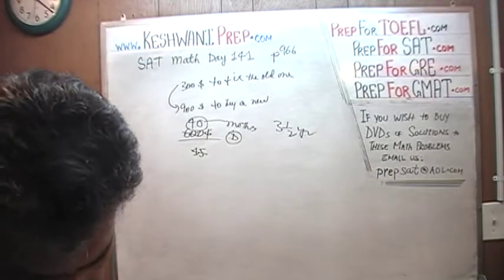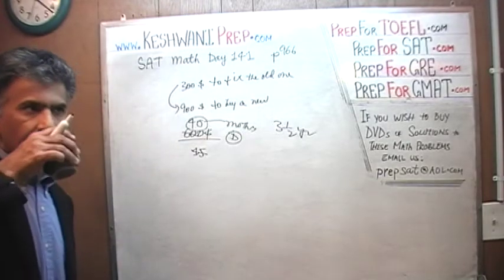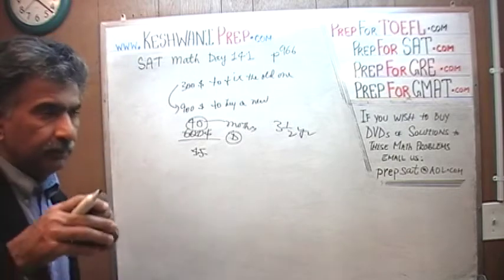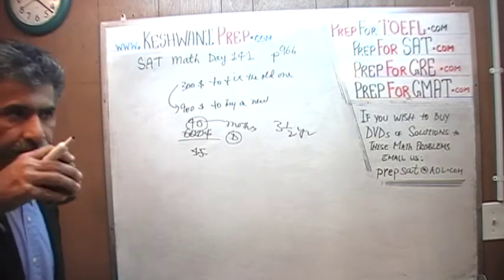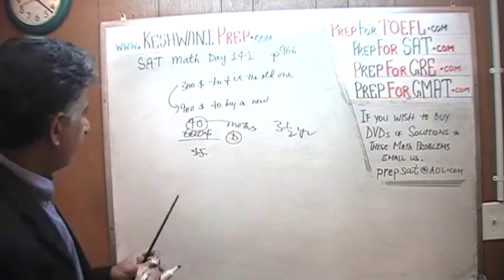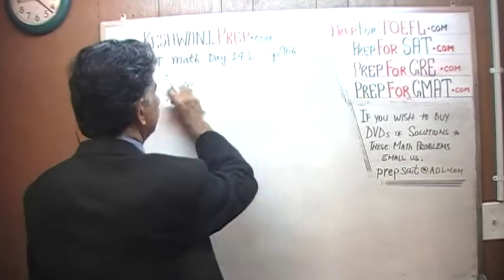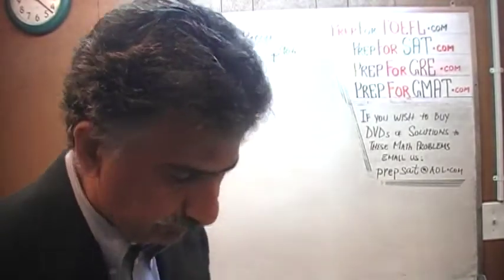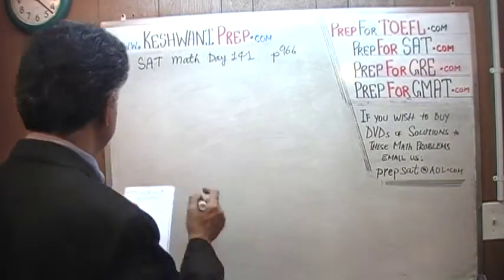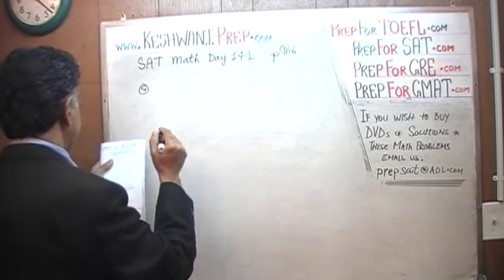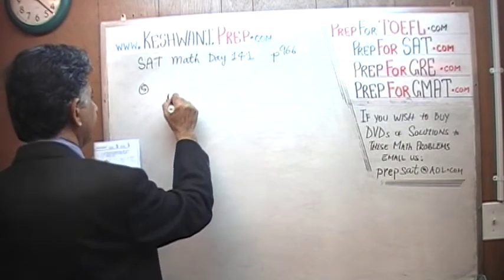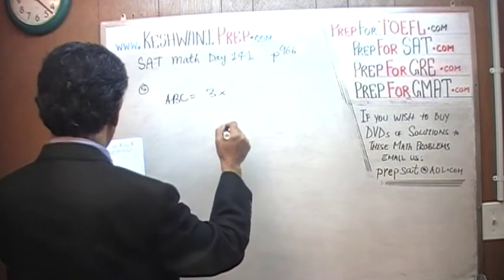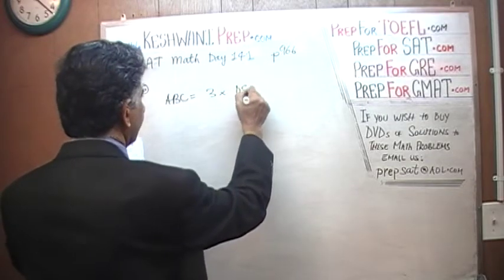Let's look at number 5. Question number 5. The perimeter of an equilateral triangle ABC is 3 times the perimeter of an equilateral triangle DEF.